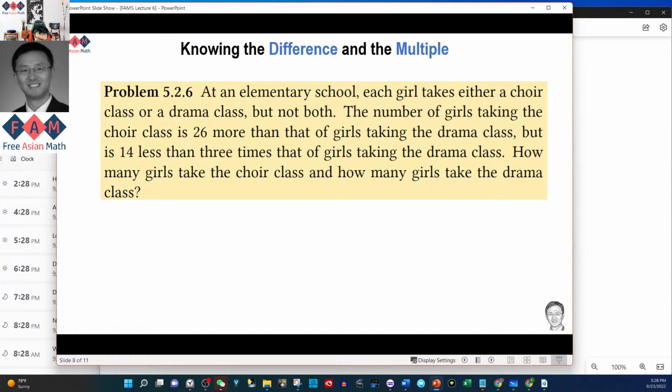But how about the first condition? The first condition says that the number taking choir class is 26 more than that of girls taking drama class. With this hypothesis, how many more students would be in the choir class? It was 26 more than the drama class. But now with the hypothesis, it would be even 14 more, right?